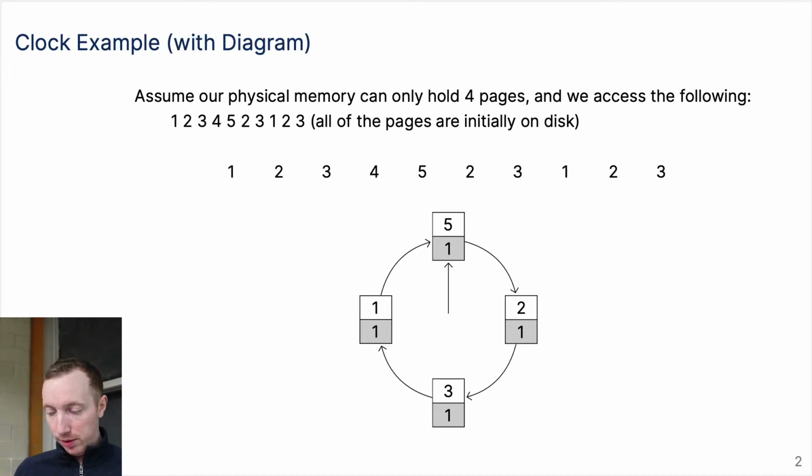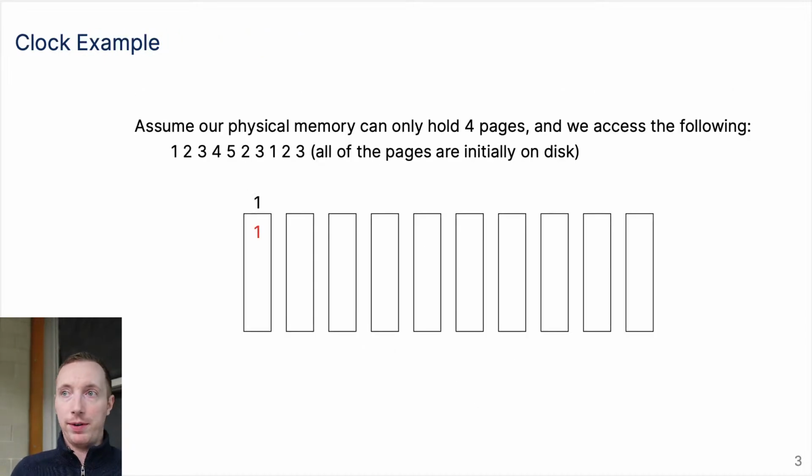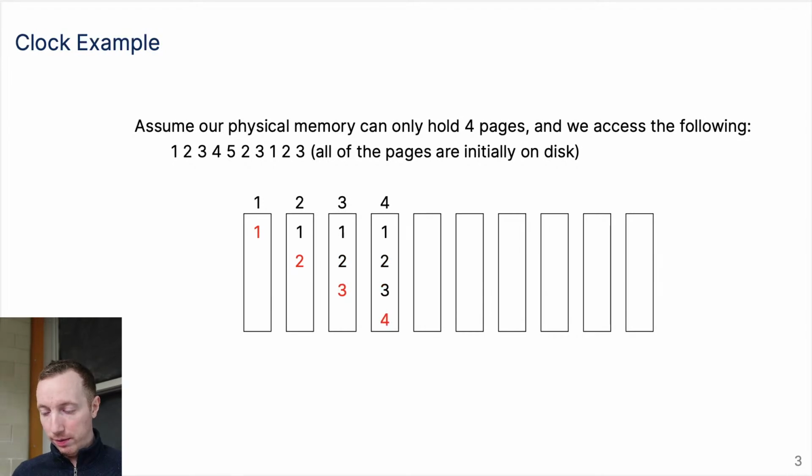Okay, so if we write out all the page faults here, for the first access we swapped in 1, then the second one we swapped in 2, then 3, then 4. Then for page 5, we replaced page 1. If you were actually doing this, you would write it while you had the clock, so it would make more sense.